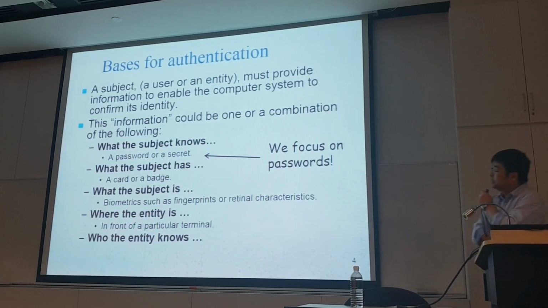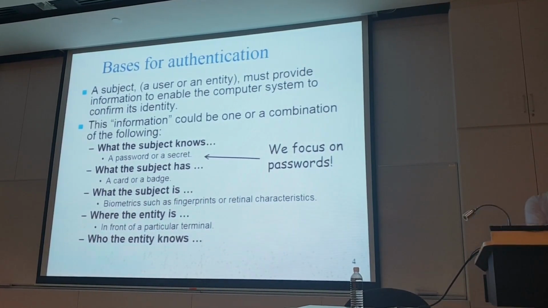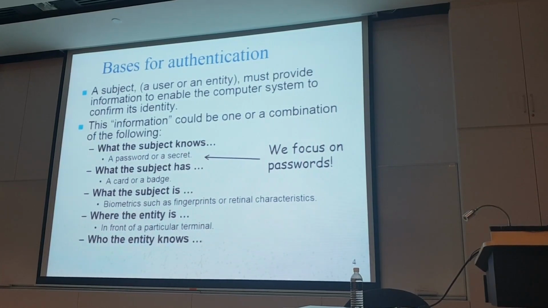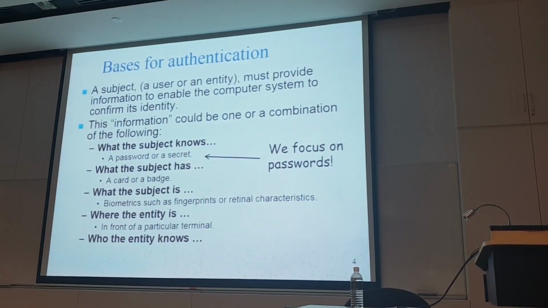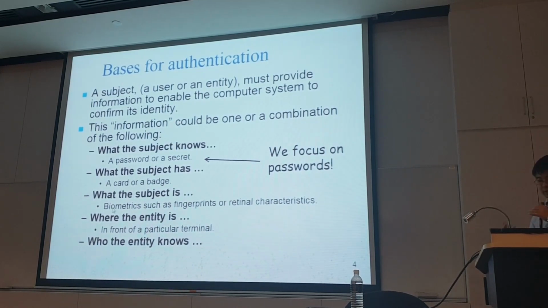There are different ways we can perform authentication, and this forms the basis, or the factors, for authentication. Some common factors include, for example, a password or secret, which is something you know. And then something you have. For example, you can have a mobile phone, or a smart card.